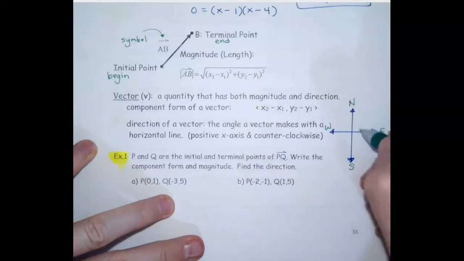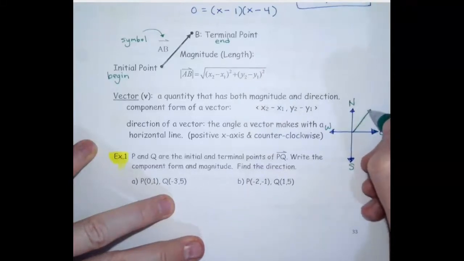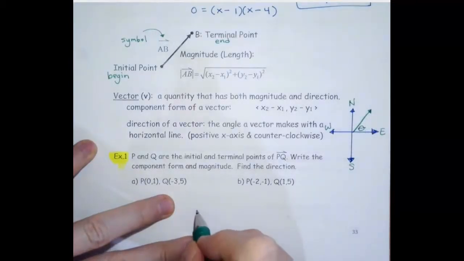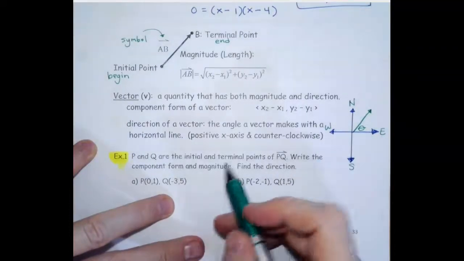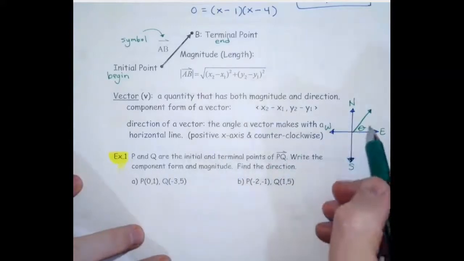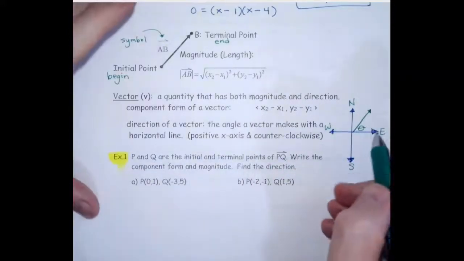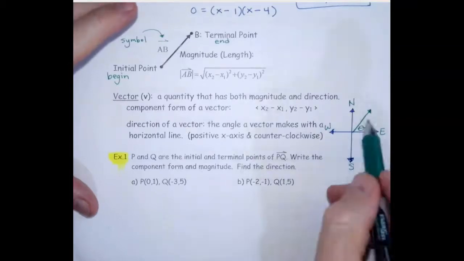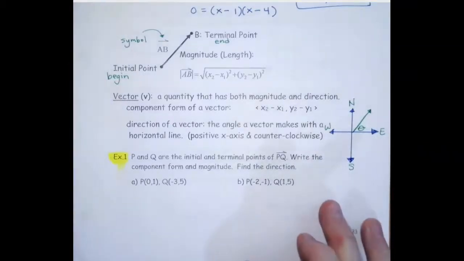And so for the angle of a vector, there's a couple different ways we could do that, but we're going to focus on the angle that it makes with the horizontal, with the x-axis. We normally go counterclockwise on that, but we're going to use a technique where we compare the directions instead of that.